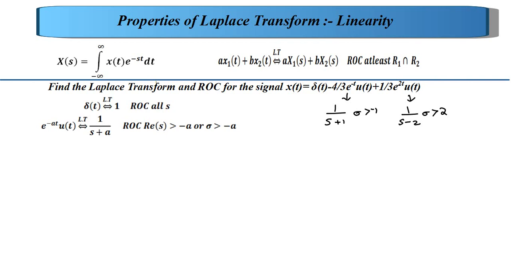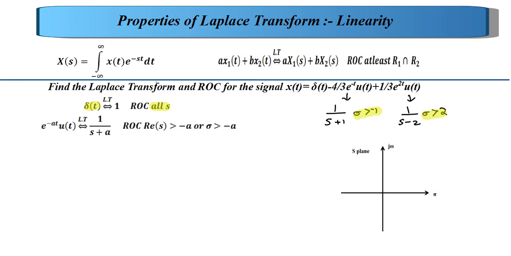now here you can see that we can verify the ROC. So for del of t signal, ROC is entire S plane. So anywhere you can find the Laplace transform of del of t. And another point, here it's sigma greater than minus 1 and here it is sigma greater than 2.